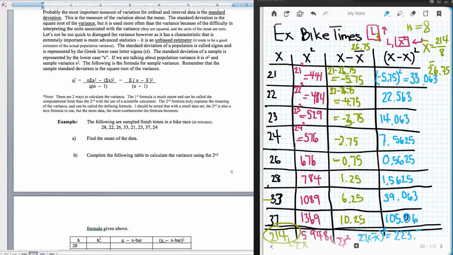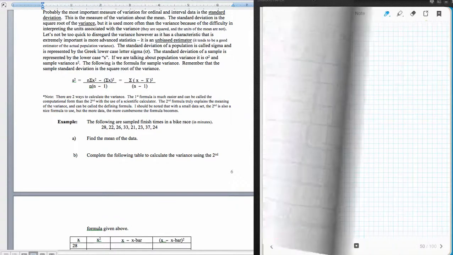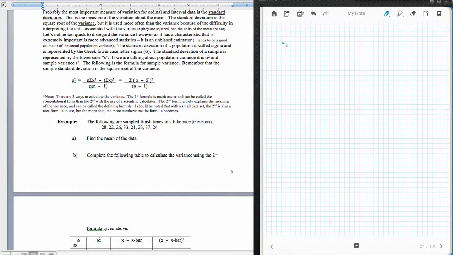And now, finally, we're ready to calculate the variance of this sample based upon that defining formula. S squared is the sum of the x minus x bar values squared, divided by n minus 1.